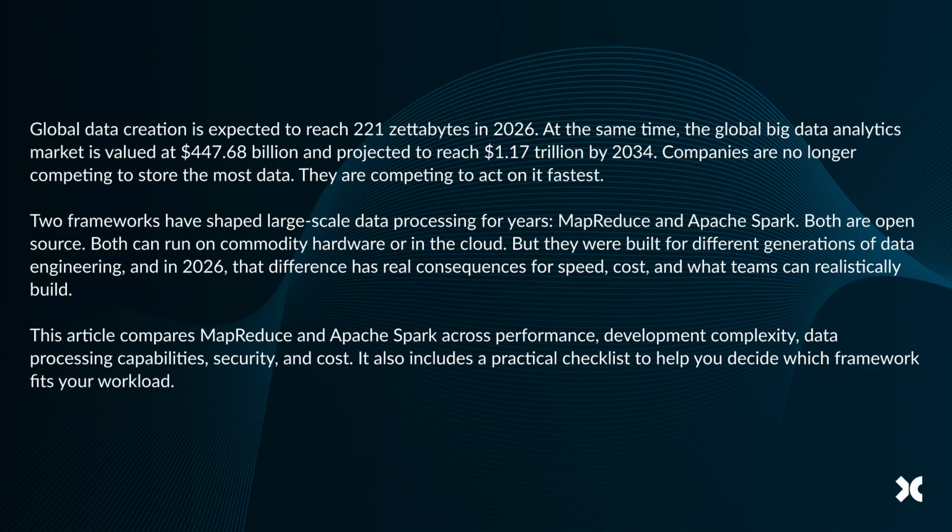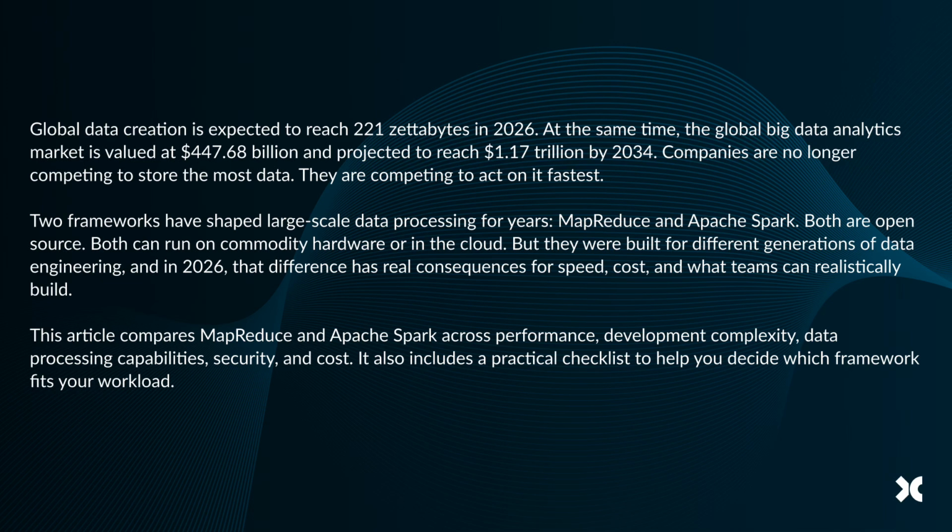Two frameworks have shaped large-scale data processing for years: MapReduce and Apache Spark. Both are open source. Both can run on commodity hardware or in the cloud. But they were built for different generations of data engineering, and in 2026, that difference has real consequences for speed, cost, and what teams can realistically build.